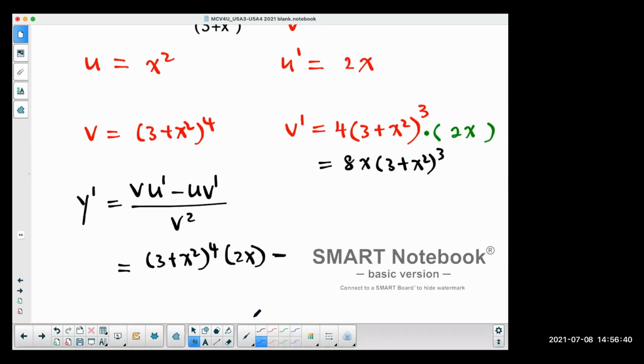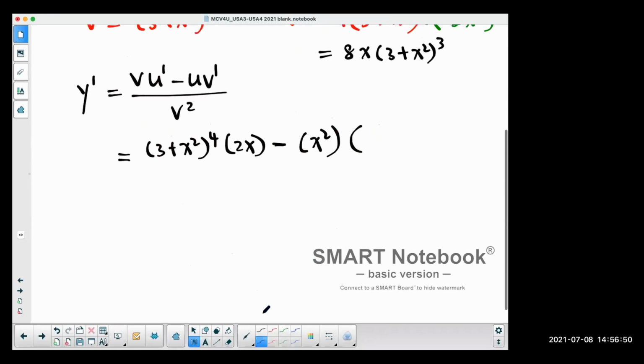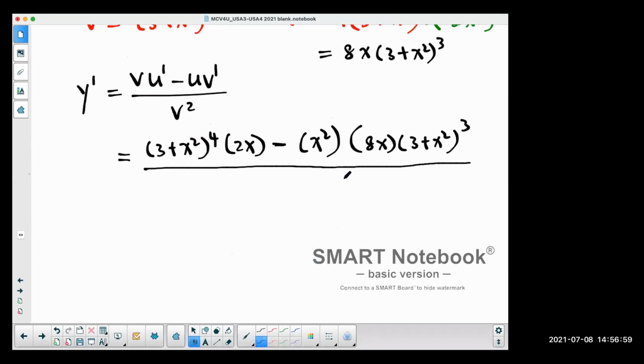Minus, again, has to be a minus sign. u, oh, that's x squared. v prime, that's this guy over here, 8x times 3 plus x squared to the power of 3, all divided by bottom, which is 3 plus x squared to the power of 4, all squared. v u prime minus u v prime, divided by v squared.